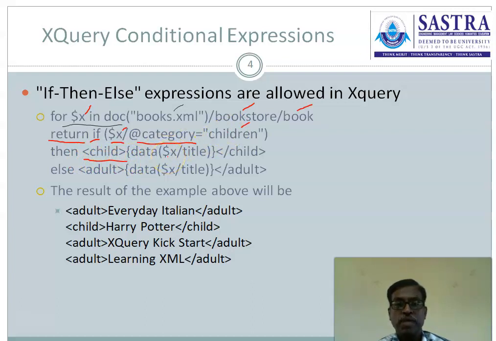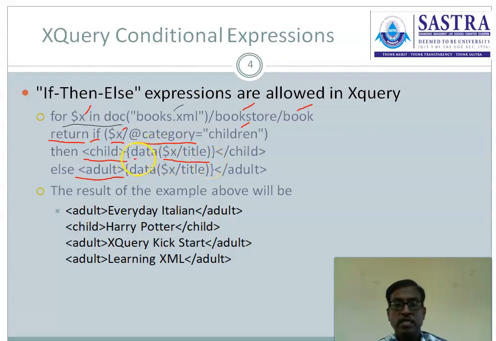All other categories, web and cooking, come under adult. By using our own tags, we are going to display the content. As well, we are going to print the title alone.